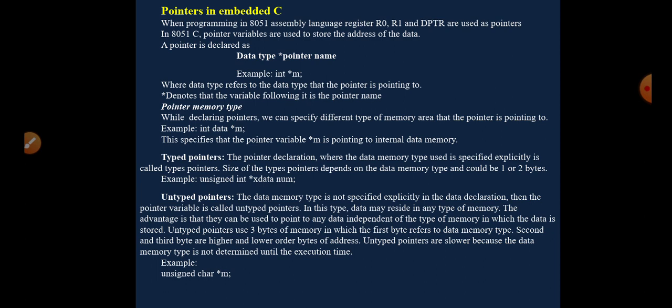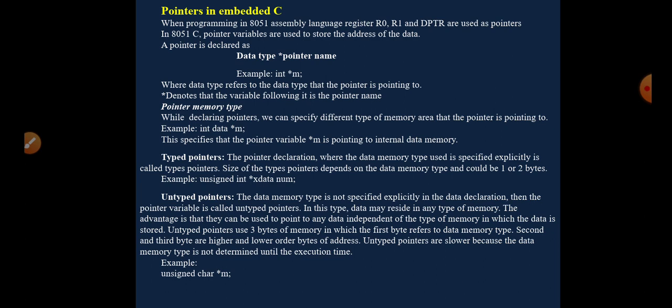Int is a type declaration, saying which type of variable it holds, like integer. Asterisk m acts as a pointer. And the data type specifier indicates that the pointer is pointing to the internal data memory.